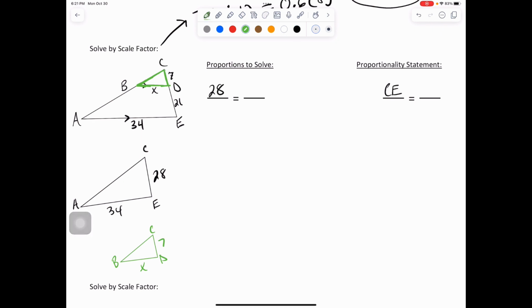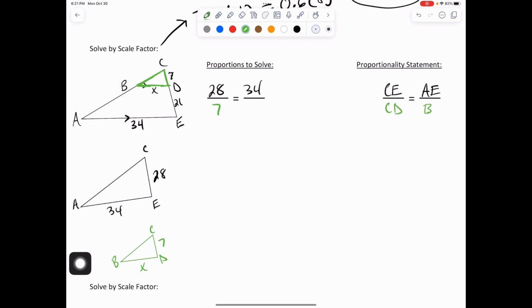And we will set that over what it corresponds with. CE corresponds with CD in 7. Then we will take a look at what else it's providing us. Well, AE is 34, on top, and then we have BD, which is represented by an x.